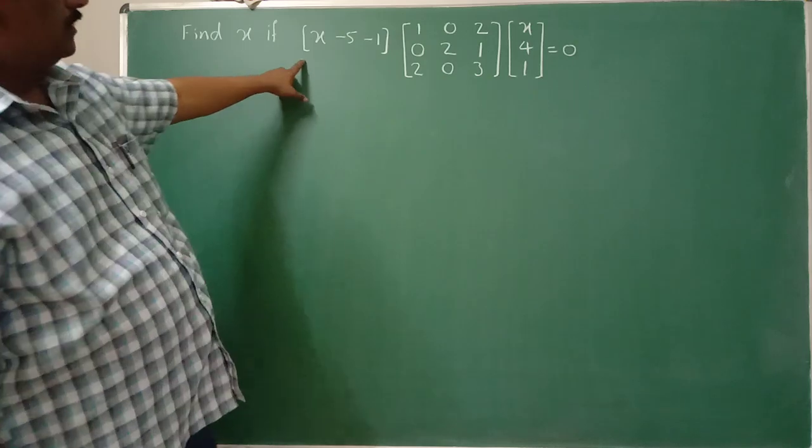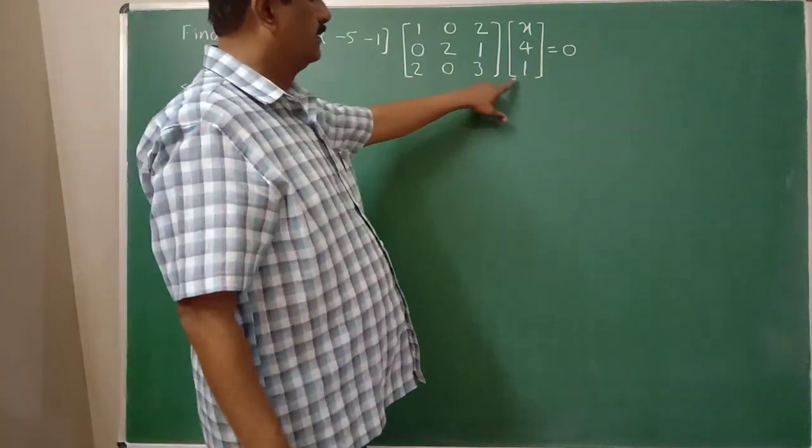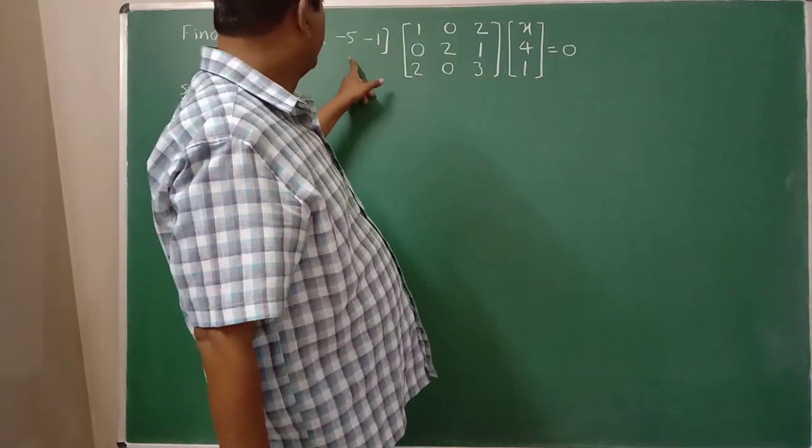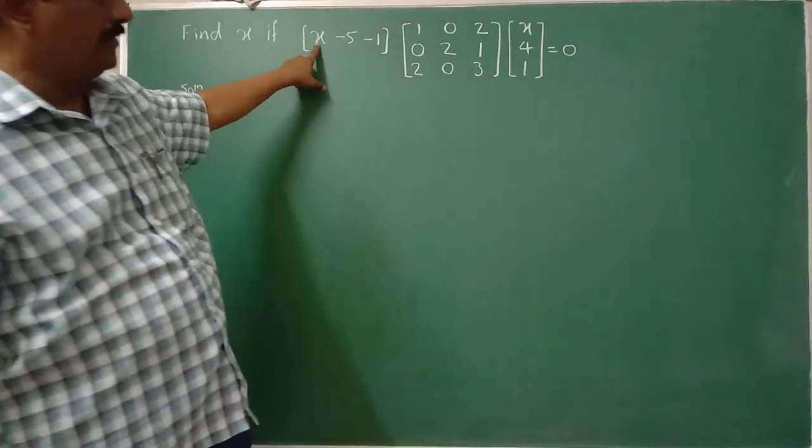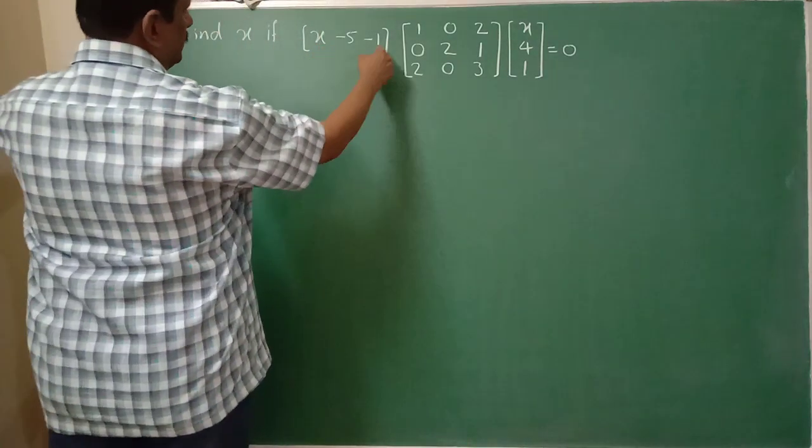So here 3 matrices are there. Find the value of x. Write this matrix as it is.